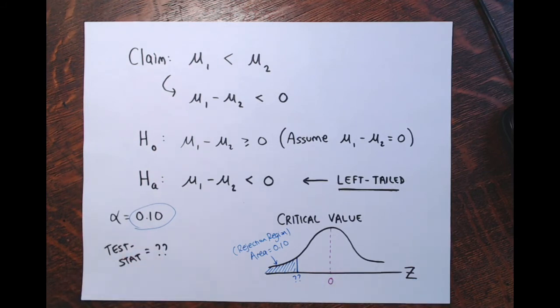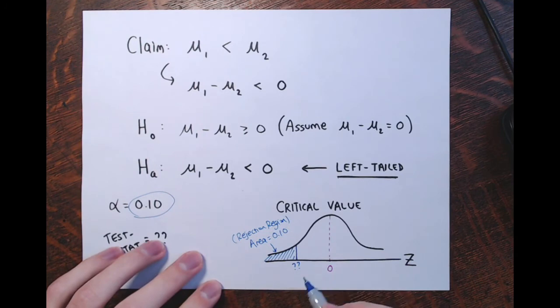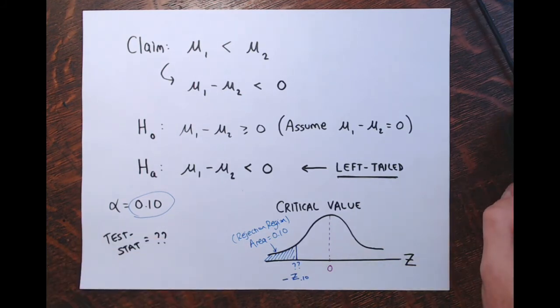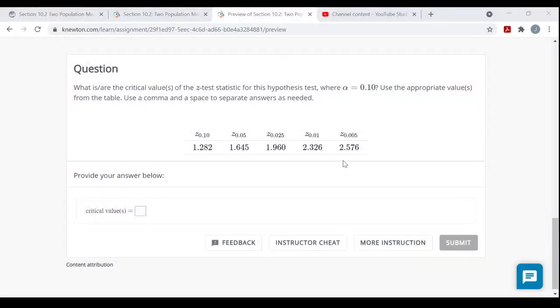Now, the notation for this z-score would be, now normally we'd go what z-score has 10% above it, that z with a subscript of 0.1. This is the z-score with 10% above it. So then we're doing the opposite of that. So this is the value we're looking for. We're looking for the opposite of that z-score with 10% above it. Now in the table they gave us, right, the z-score that has 10% above it is 1.282.